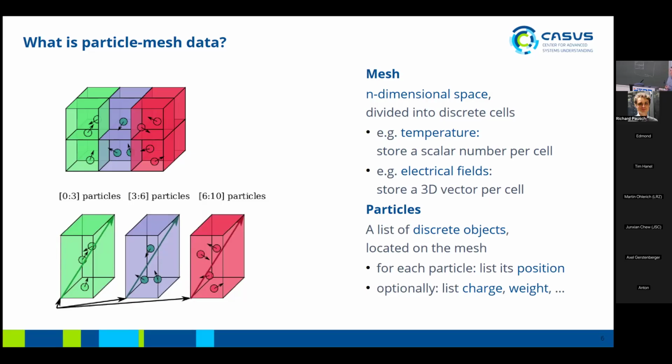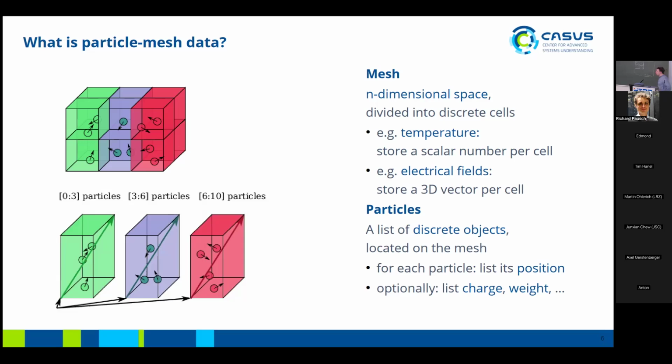For example, you have this room here and you say, okay, I split this room into single cells of 1 by 1 by 1 meter and measure the temperature everywhere. So you have a temperature mesh. For PIConGPU, there are, for example, electric fields, but you can also think about, for example, pixels in an image.